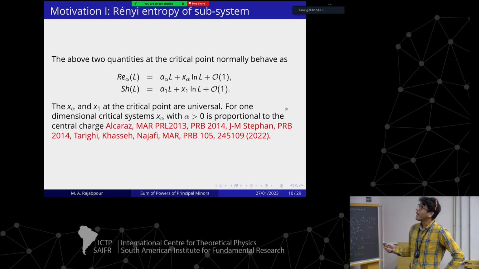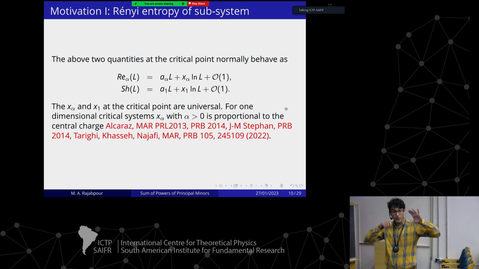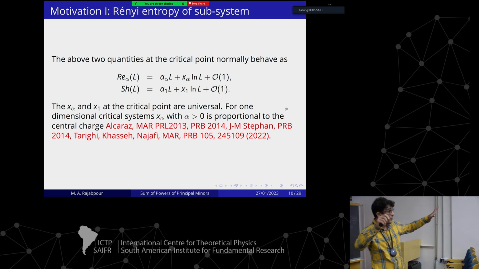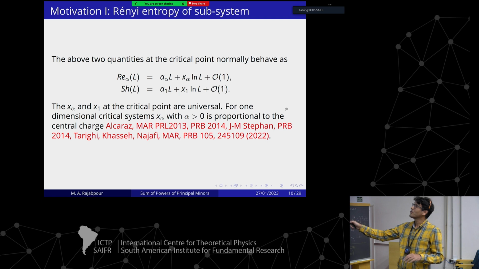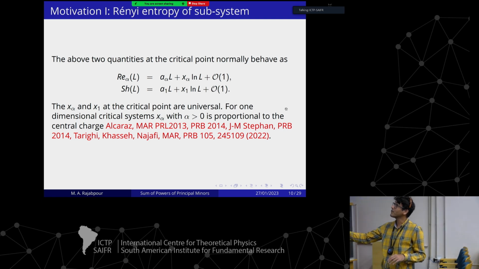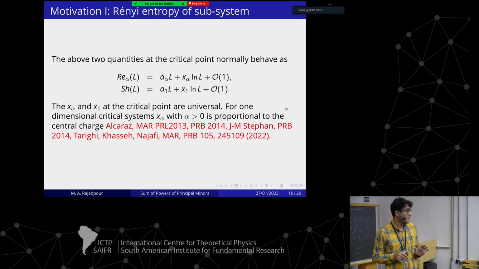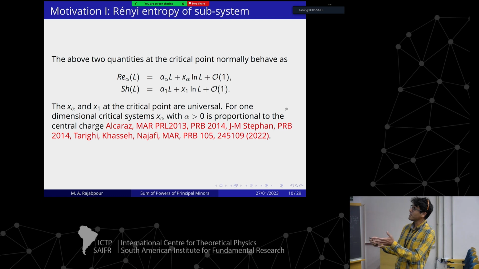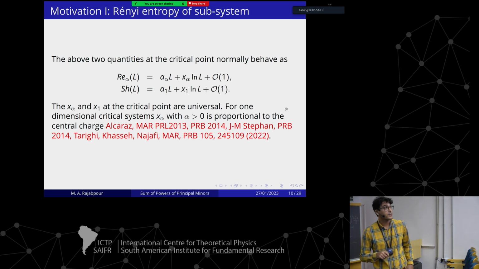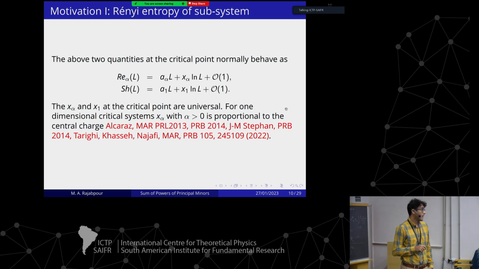Now, if you do this for the normal quantity that you know, the entanglement one, then we don't normally have this part, so this part is 0, and what we have here is something like C over something, which is a central charge. But in this case that I'm talking about, we have this part, and then there's the extra part here, which is proportional to the central charge, and that's a numerical calculation.